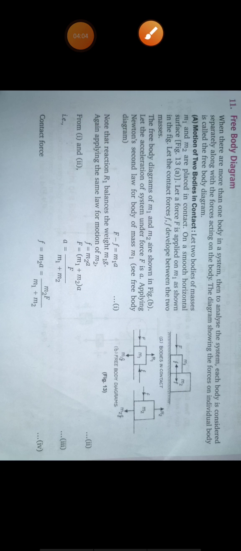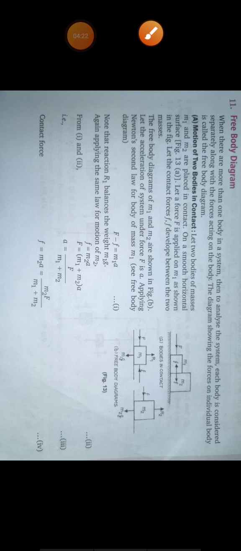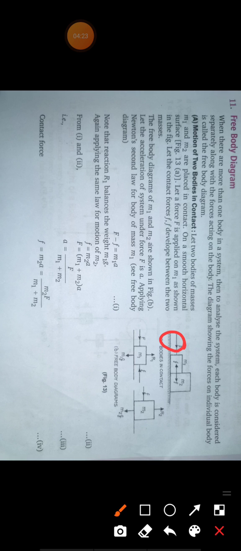Now the free body diagram of the second body. Obviously gravity is also attracting this body with m2g force, and there is a reaction or normal force on this m2 body by the ground, and that force is R2, in the positive y direction. And look, this external force is not acting on m2. This force is acting on m1 only.